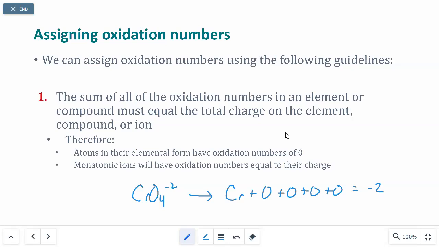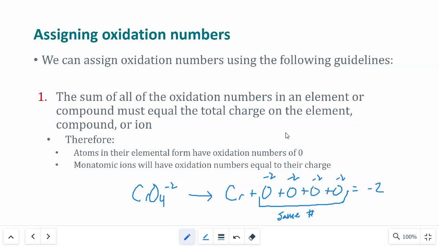The other thing to know is that all of these oxygens are going to have the same number. In this particular case, it's negative 2. We'll get into the why on the next slide.